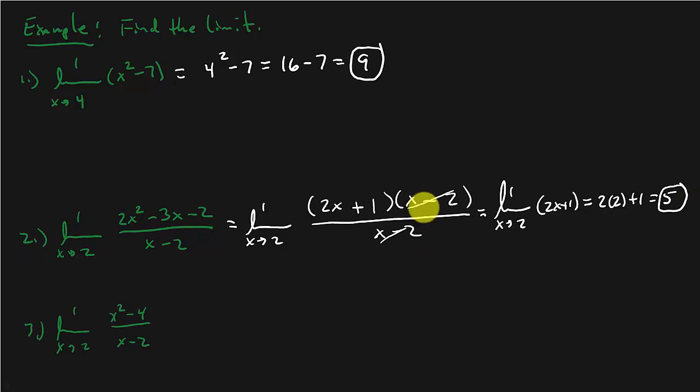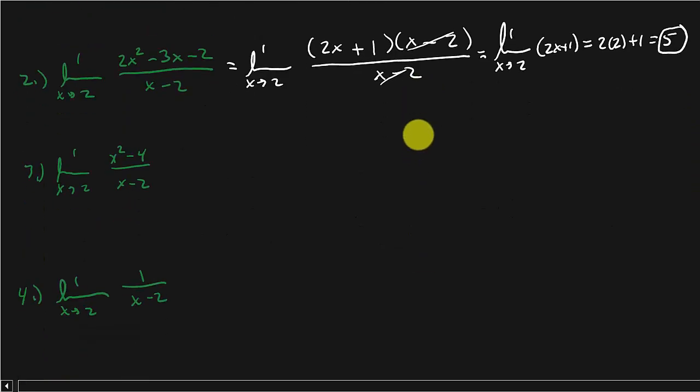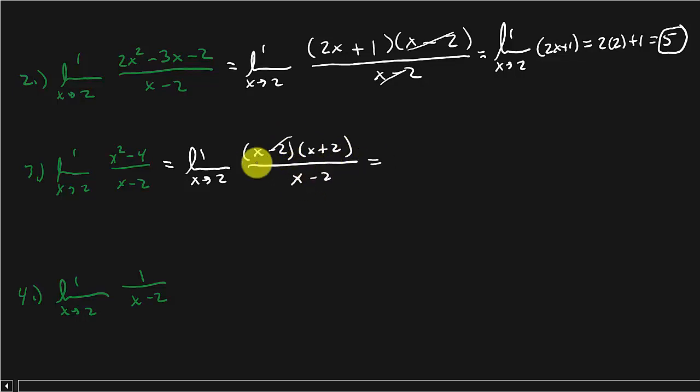Let's try this one. Plug the 2 in. 2 squared is 4. 4 minus 4 is 0. 2 minus 2 is 0. I get 0 over 0, so try something else. Well, let's look at this. I can factor it. And look at that, the x minus 2's cancel.